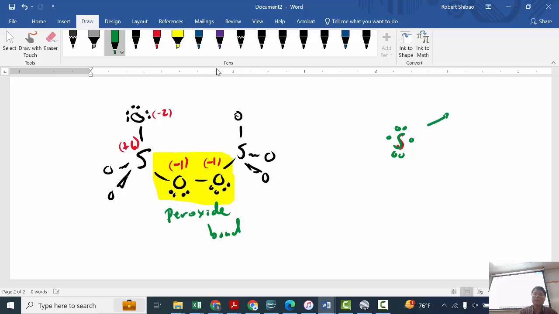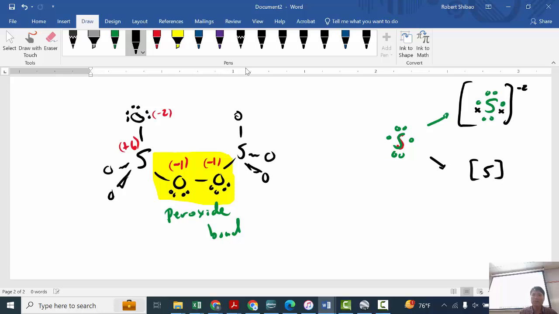So the normal range would be going to an octet, in which I add 2 electrons. If I add 2 more electrons here, I'll get an octet, and that's -2. Or I'll strip all the electrons off.